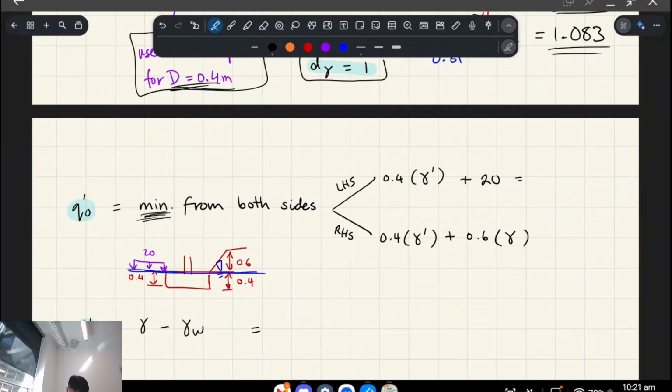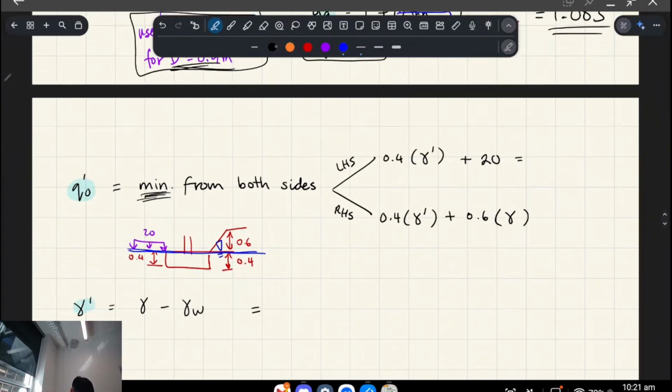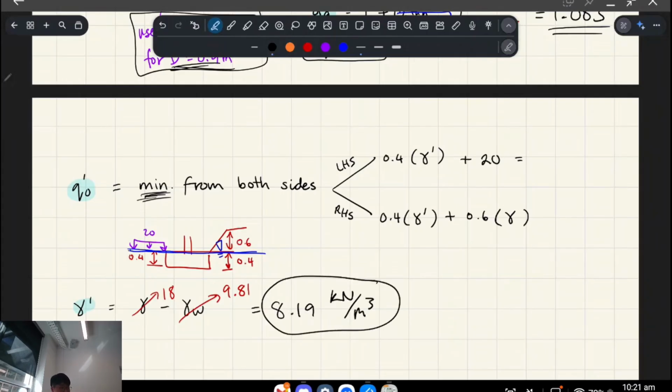Okay, so basically, if we firstly plug in gamma, right, which is just given to us in the question, is 18, and then we subtract off the water weight, right? Oh sorry, they do 9.81 in this course. We're given this as the effective unit weight.